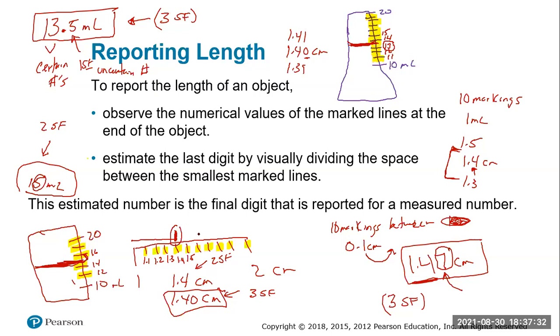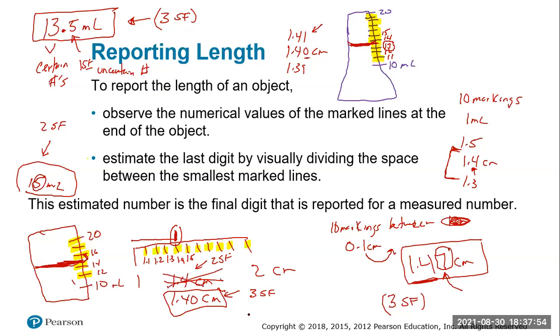So although you may think it's not that big of a deal if I leave off the 0 here, it is a really big deal because there's a lot more error between 1.5 and 1.3 than there is between 1.41 and 1.39. You actually made your measurement a lot worse by doing that.